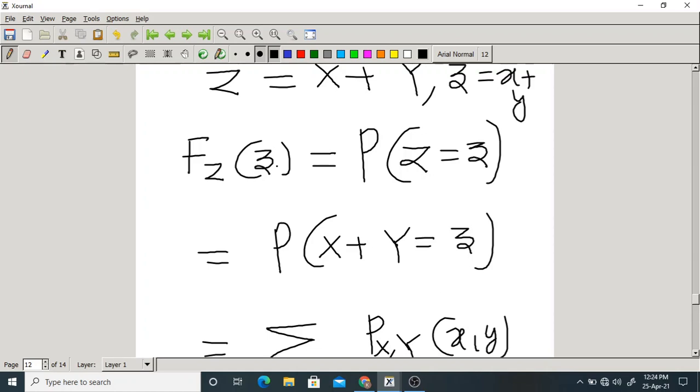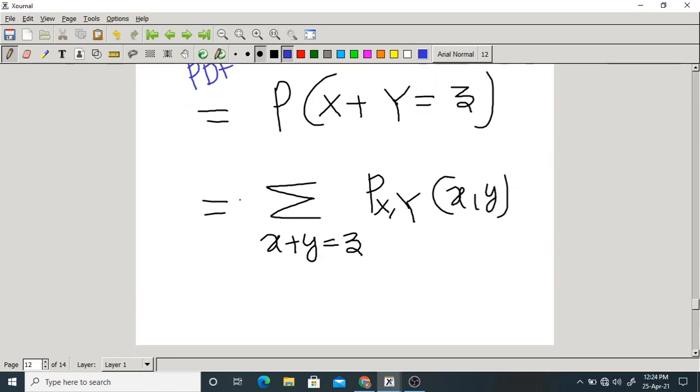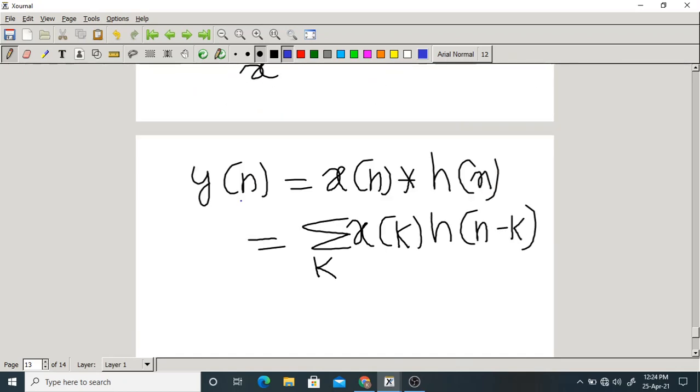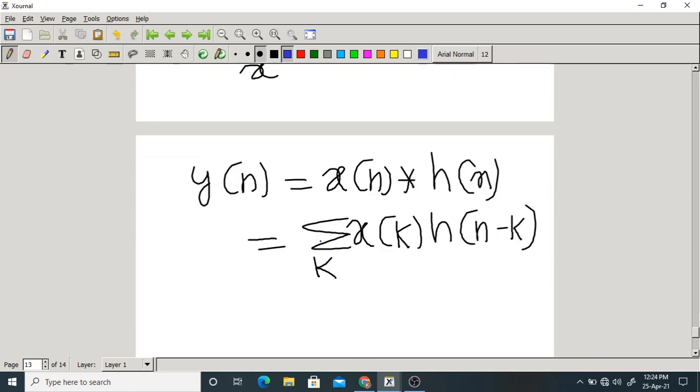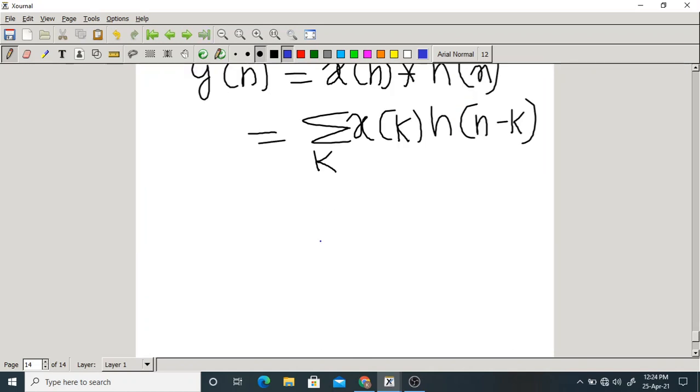So here I made a mistake, this is PDF. Now you compare these two. It is also simply convolution. Is it okay? Now that is in case of discrete random variable.